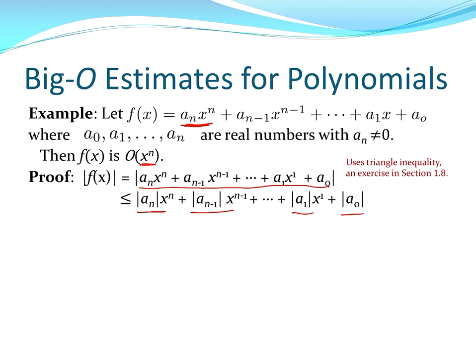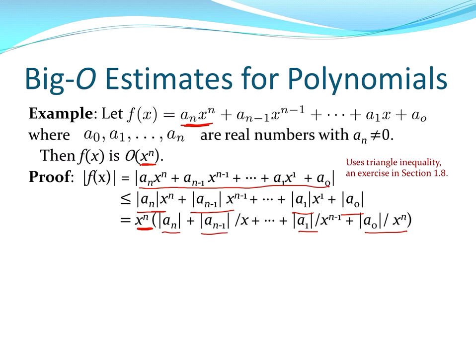And now I can factor out x to the n right here, leaving me with the coefficients divided by x raised to various powers. Now if x is greater than or equal to 1, this will be less than or equal to x to the n times the sum of the absolute values of those coefficients.